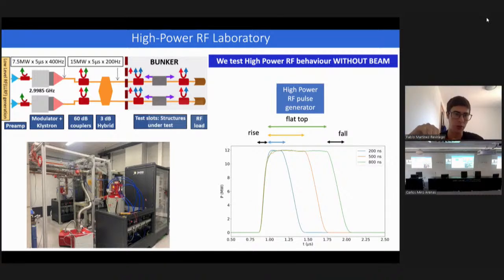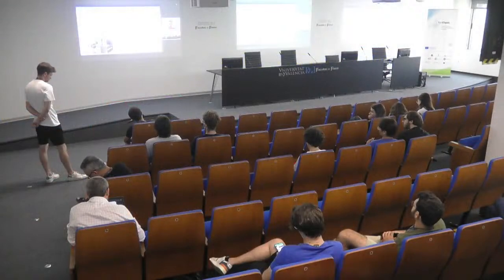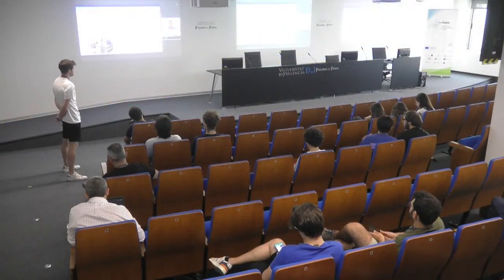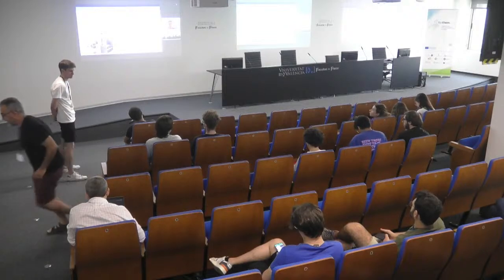So here you can see that at the entrance of the klystron enter around 400 watts, and at the end of the klystron you have 7.5 megawatts. So you have a huge amplification here. This is the klystron that we have in the laboratory. There are bigger and better klystrons which can generate up to 50 megawatts of power, or even more.